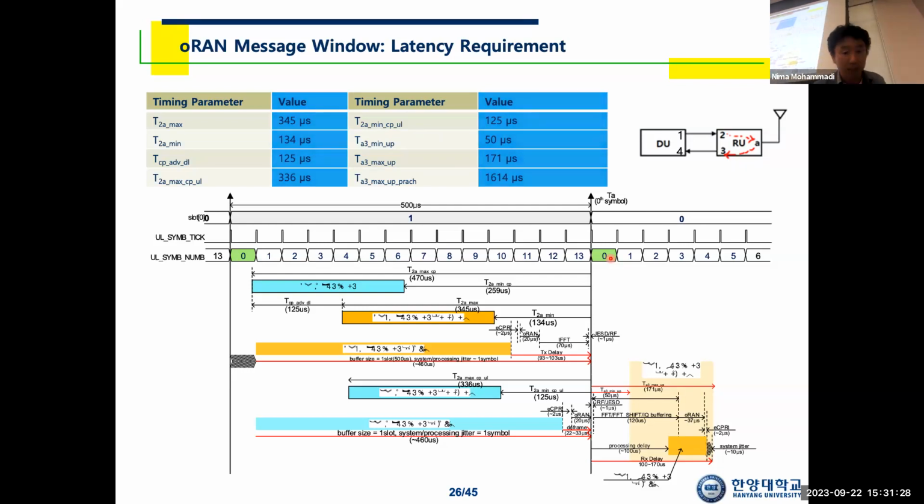From this time to this time, your upper layer tells you that you are expected to receive uplink data, uplink signal, at this timing. That message is coming on the C plane.